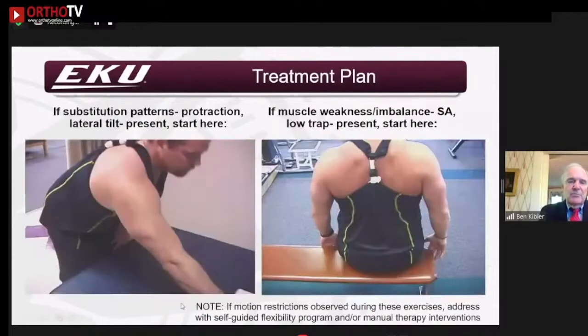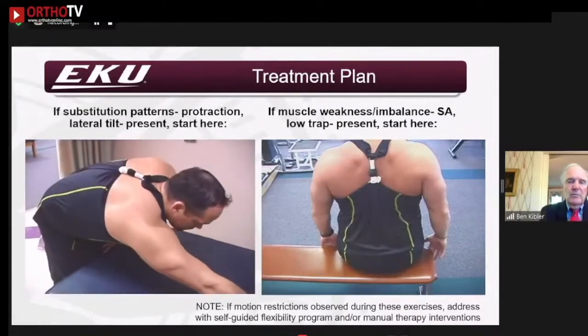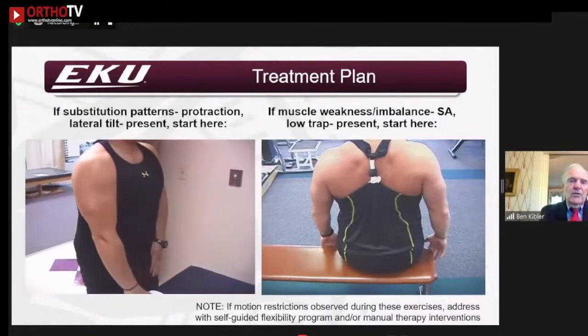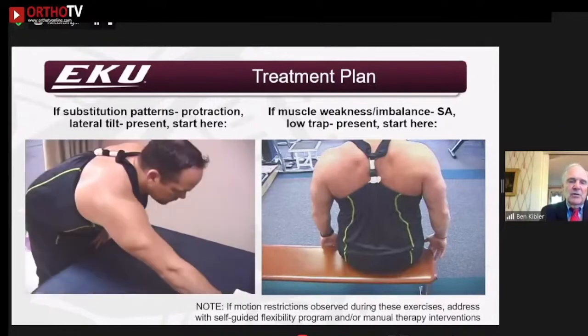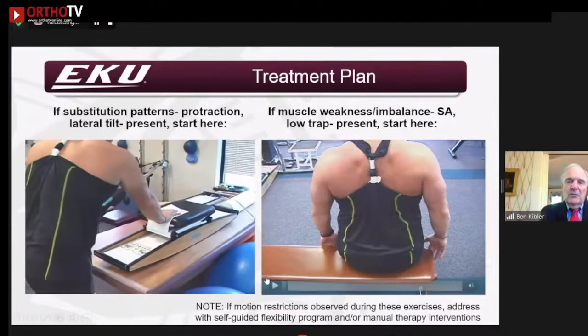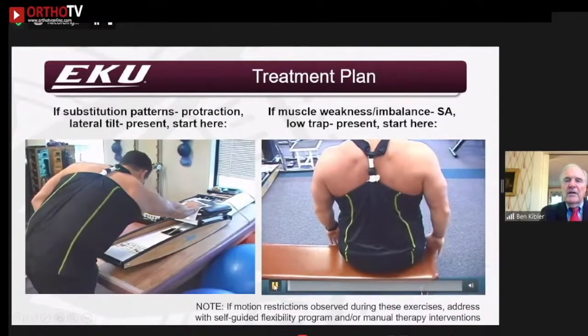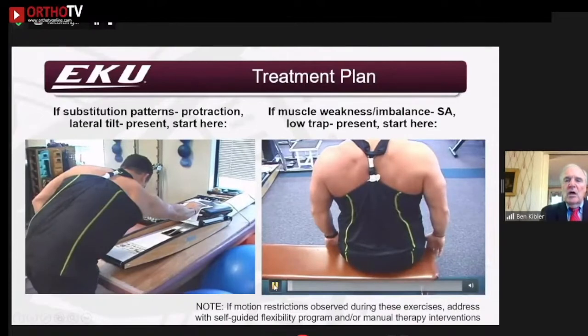If you've got substitute patterns so that you have too much protraction, then you want to start once again by decreasing the load, having the closed chain, and driving with trunk motion instead of scapular motion. Similarly, if it's weak and you want to work on low trap and serratus, you put the arm in the right position and you emphasize short movement arcs.